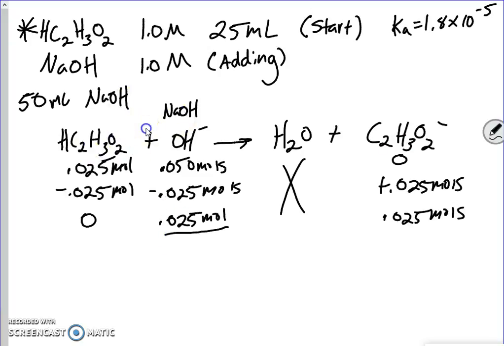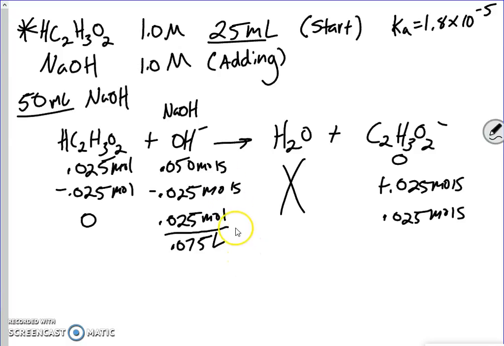So if sodium hydroxide is a strong base, how do we find the pH of a strong base? Well, we need the molarity. If we look at what happened here, we started out with 25 milliliters, we added 50 milliliters, which means we have 75 milliliters. So to find molarity, moles over liters, we are dividing our 0.025 moles by 0.075 liters.